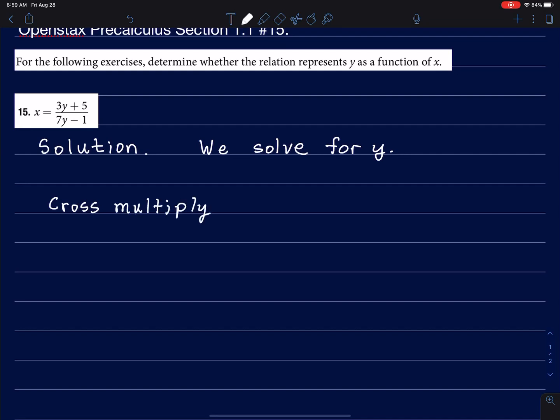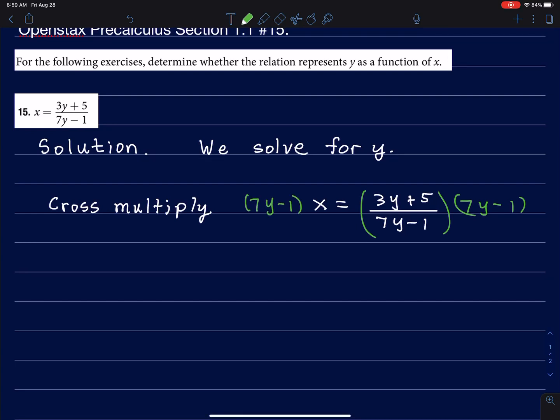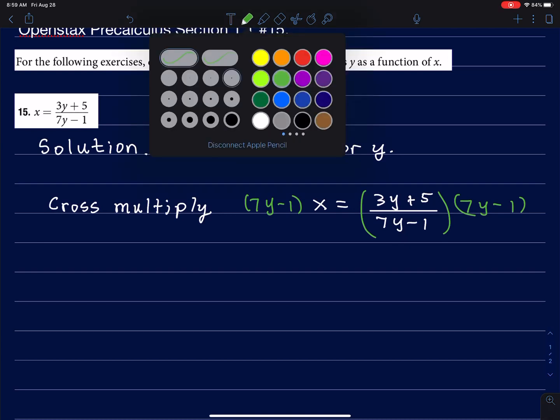Well, if you don't know what that is, what I'm doing is I'm taking x equals 3y plus 5 divided by 7y minus 1, and I'm multiplying both sides by 7y minus 1.